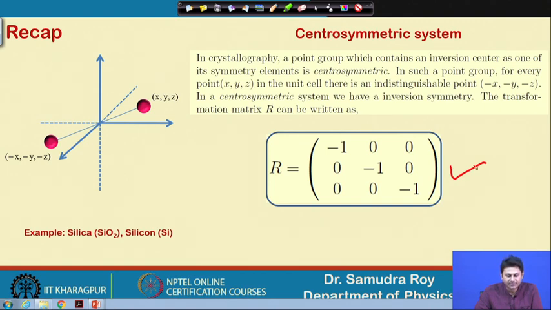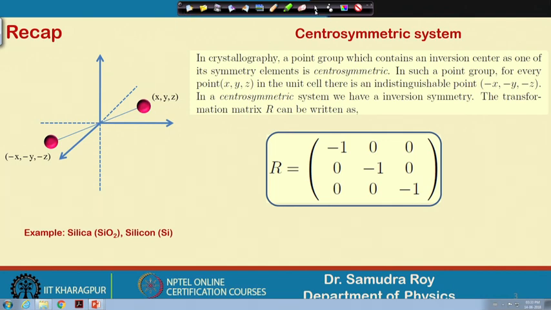Once we have a centrosymmetric system, the next thing is to find out how the optical nonlinearity will be affecting here. As I mentioned, the first higher order effect will be the chi 3 effect, because chi 2 is 0 here.